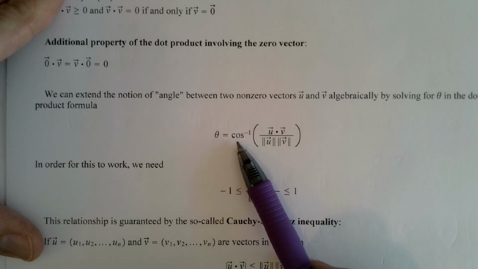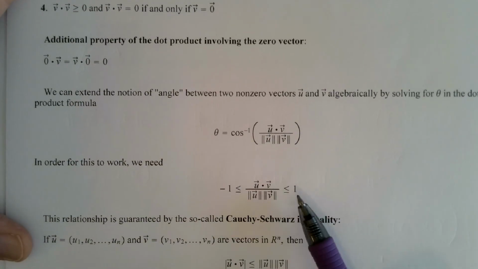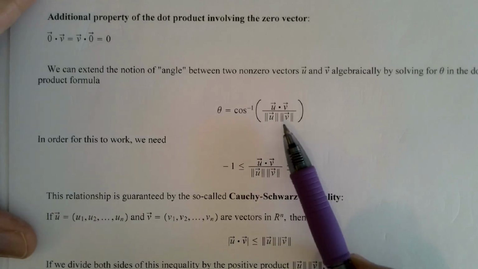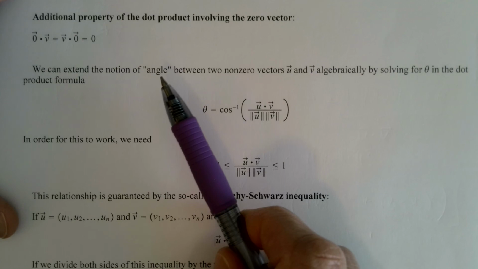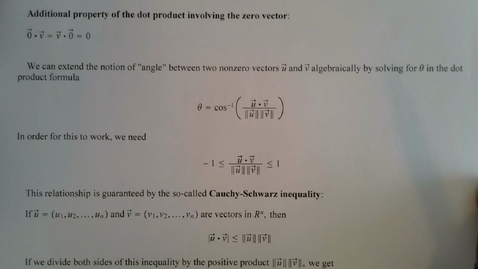What's the domain of the inverse cosine function? It's the same as the range of the cosine function, which is everything between -1 and 1 inclusive. So as long as this is true, then we can always, at least algebraically, find an angle and extend that notation to vectors in n space.